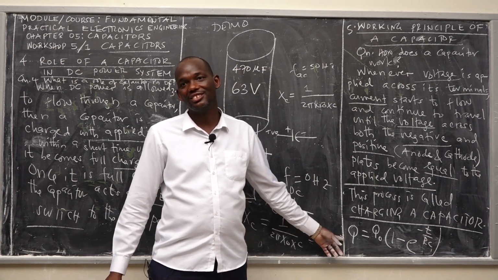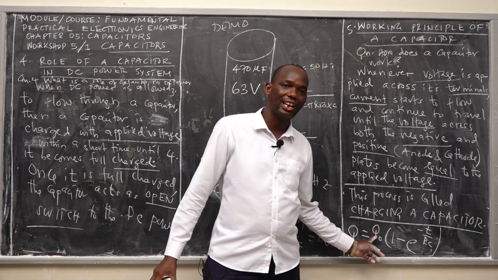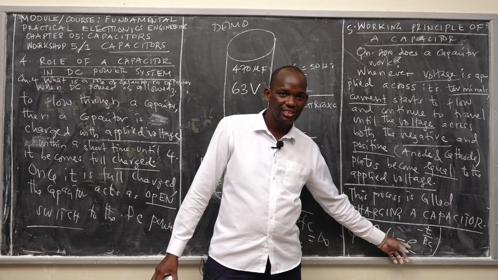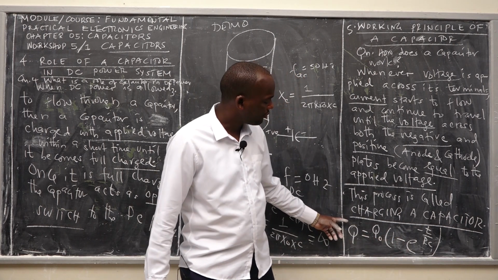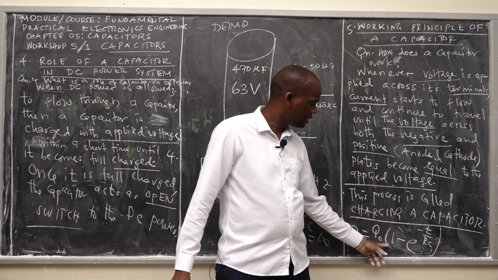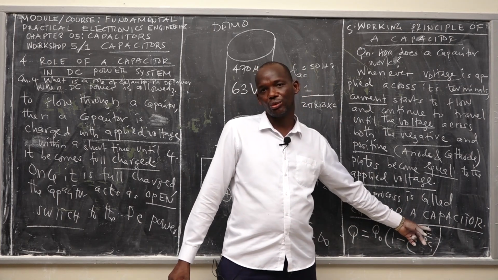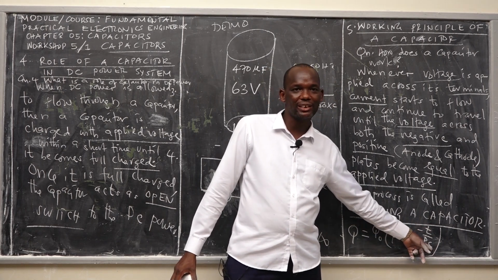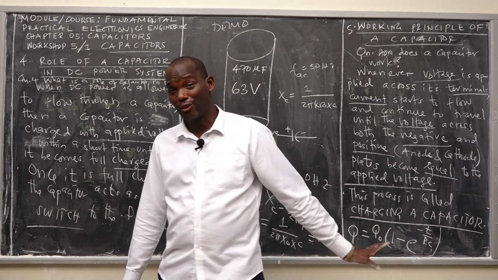Instantaneous quantity of charge. What is this? Maximum charge. What is number 1? What is e? 2.7 or 2.71, something like that. This is time. We call RC the time constant. This one is the resistor, and this one is the capacitor. You forgot it.